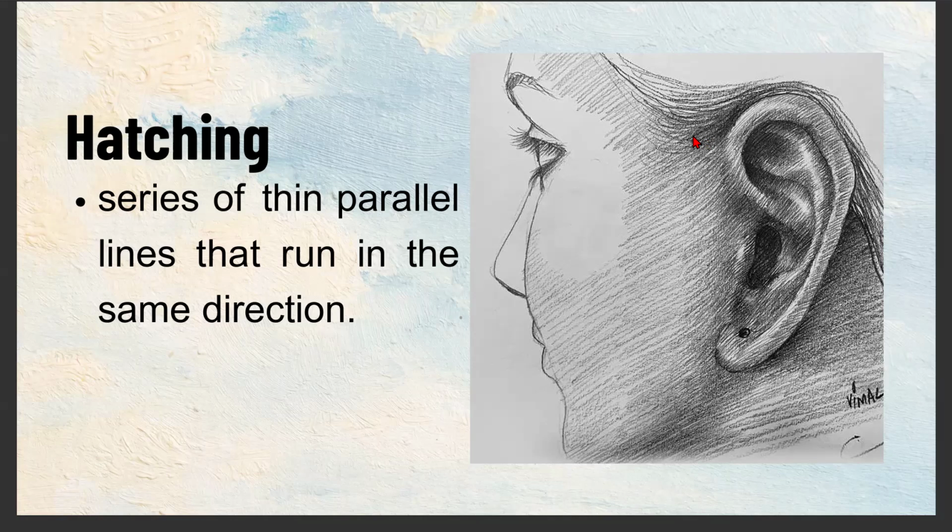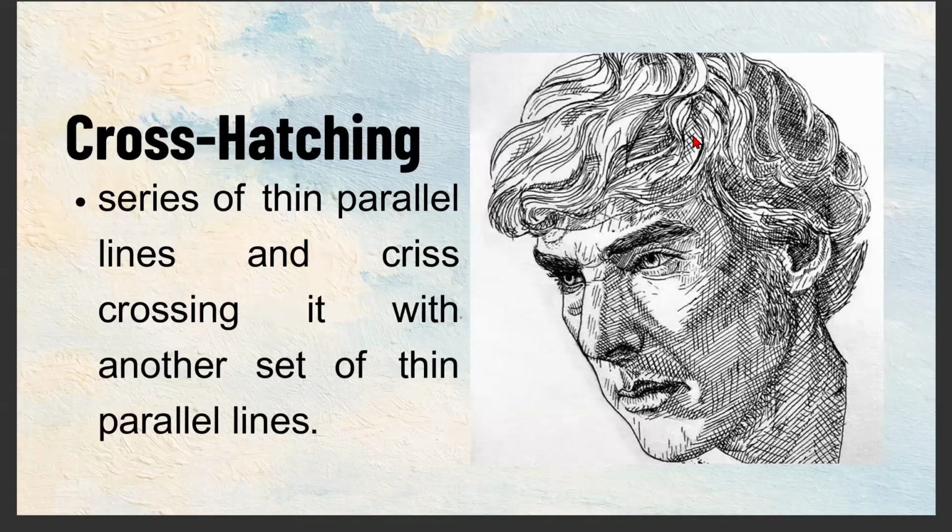When it comes to hatching, you cannot crisscross it, because if you crisscross it, we're now dealing with cross hatching. Cross hatching is commonly seen as intersecting lines. Most of the time, it builds darker tones. It creates more depth.